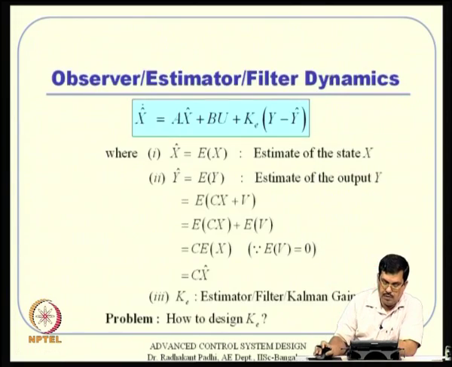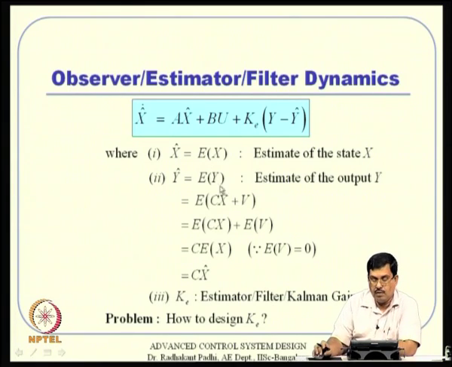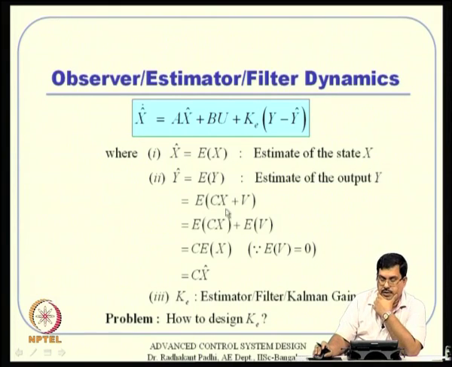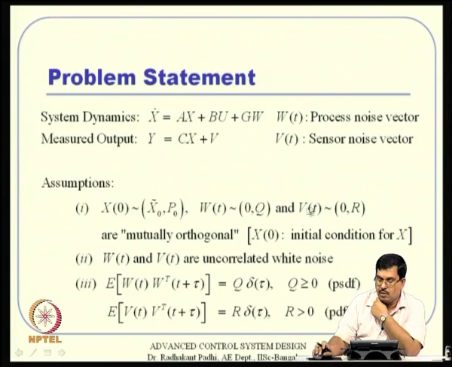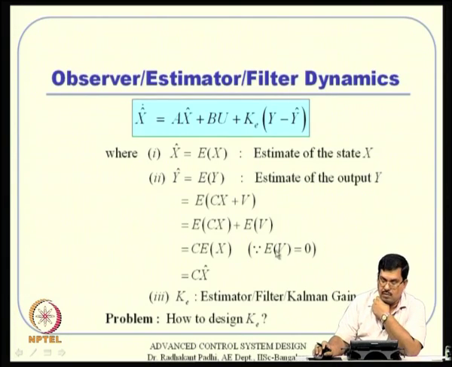So, in that sense, if you continue with y hat, then y hat is the expected value of y, and y is nothing but C x plus v, and a great property of the expectation operation is that it's a linear operator. So, you will be able to split it out and take C out of this operation. The expected value of v is anyway 0, because it is a zero mean white noise, and the expected value of x is x hat by definition. So, y hat turns out to be C x hat, and that is how it will operate actually.